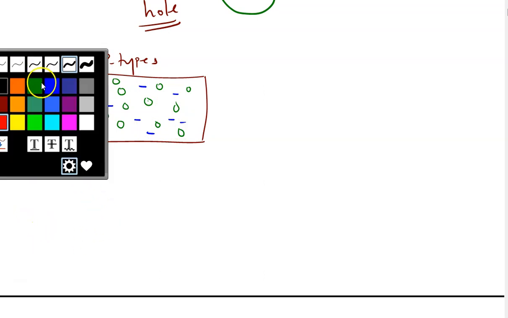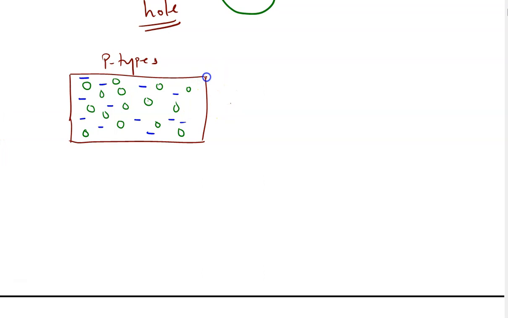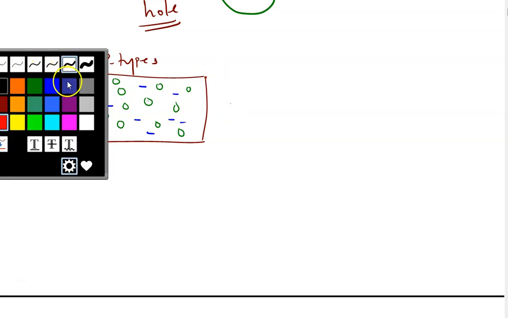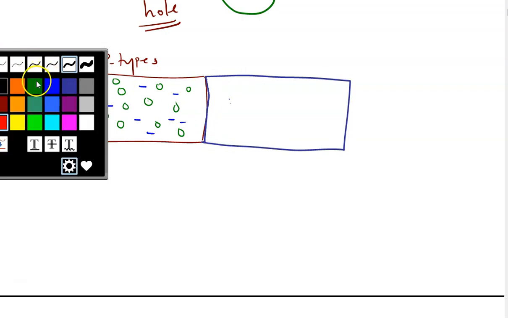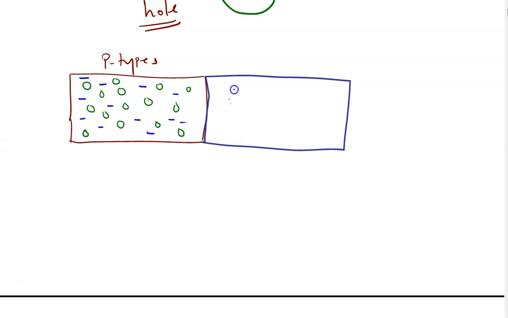Okay, so I should draw the n-type also here. Let me use a different one. I have the n-type at this end, and that one consists of more electrons, because an n-type has more electrons and it has some holes in them, right?